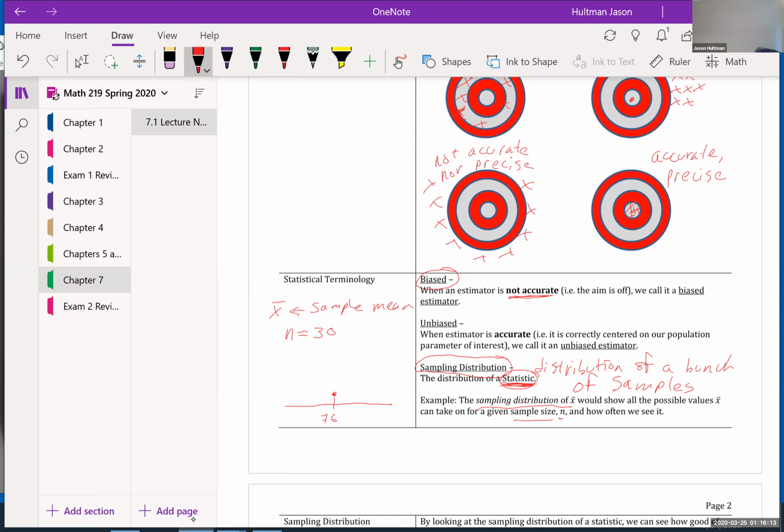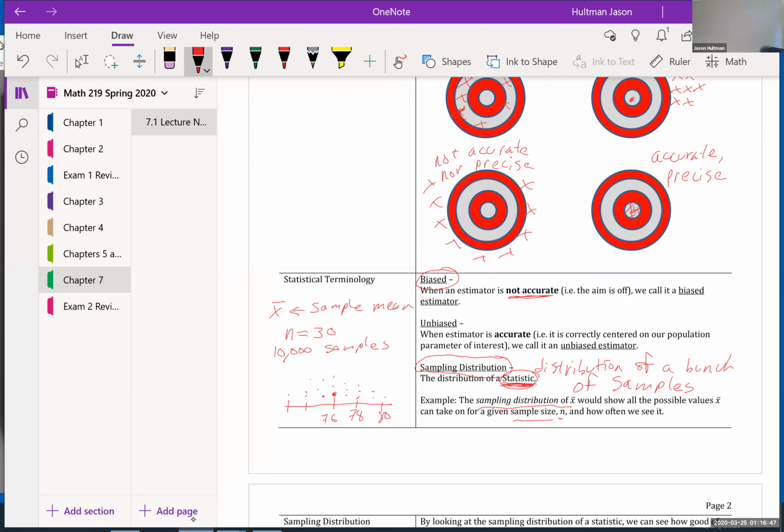But when we run this over and over again, say we take 10,000 samples, we might get a dot here, a dot here, a dot here. Maybe this is 78, maybe this is 80. We get another average, and then we start filling this in.